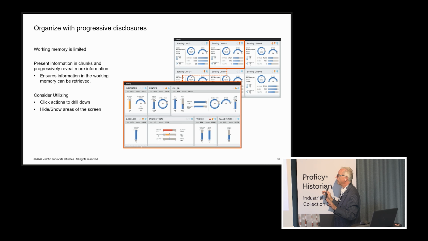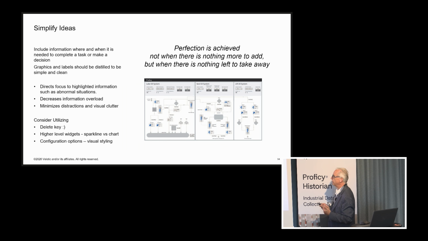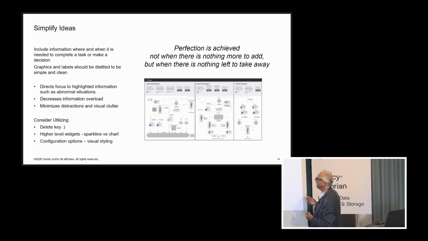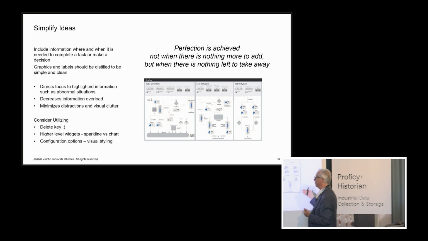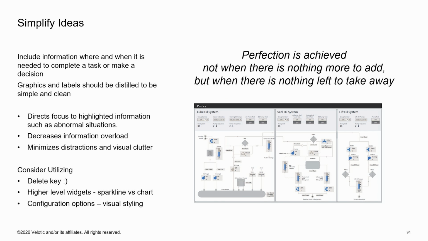And where the operator's attention has to be, there should be color. I think there's another example here. And then simplification. These are relatively complex. Did I really need a pump picture or a valve? Maybe, because now I've created context.